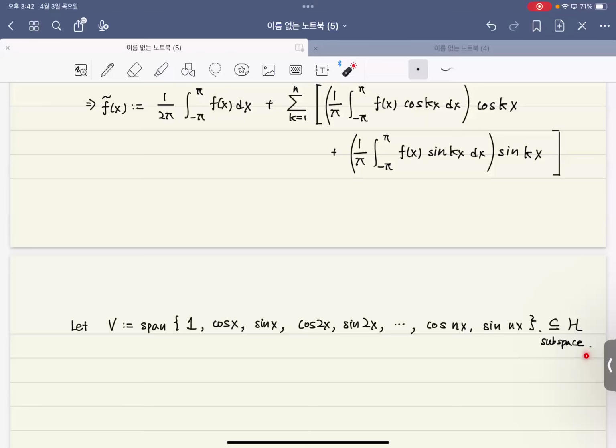Now, what I want to do is very simple. Choose any vector from the vector space H, and take the projection of that function onto this finite dimensional vector space. Then what do you think will happen?